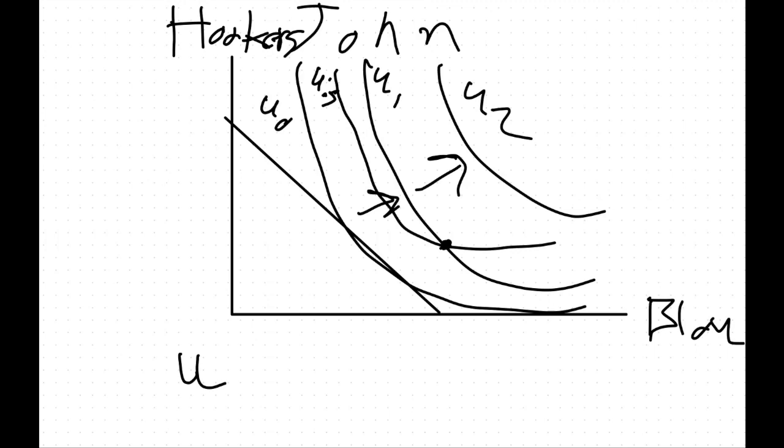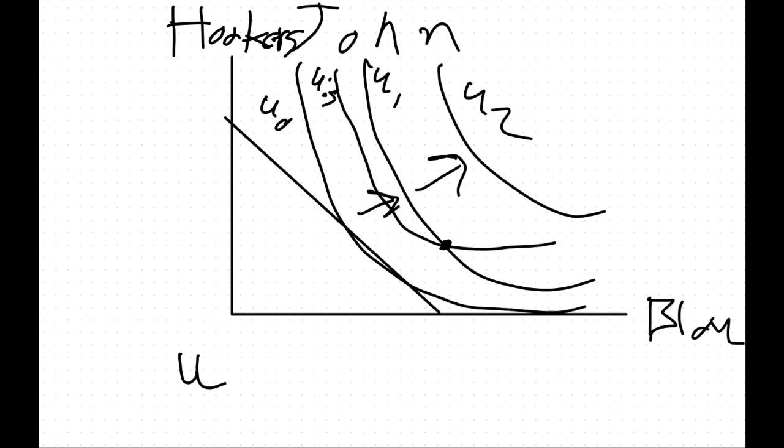Yes. The utility value is coming out of the screen at this, right? Yes, but the way I understood it, if U1 and U2 both give you the same amount of utility, that would be really weird.